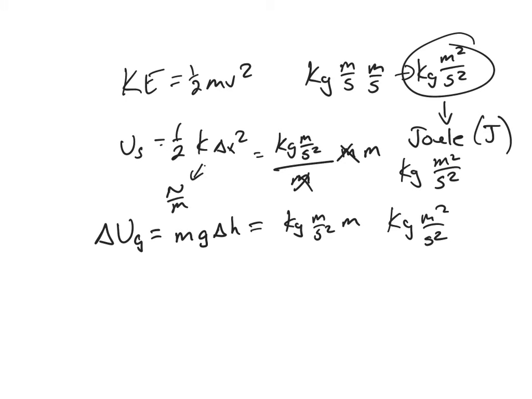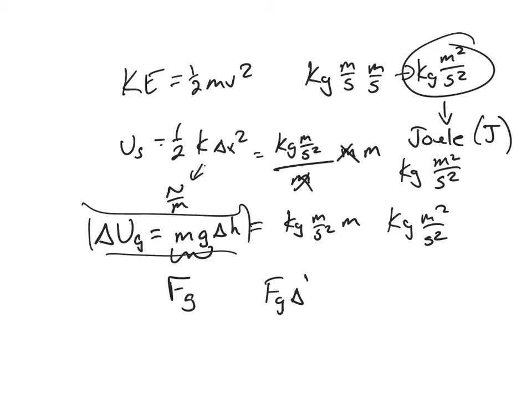The other thing to notice with our gravitational potential energy is that mg is the force of gravity, so this very quickly simplifies into Fg times delta h, which for a falling object is the work done by gravity. So the change in potential energy is equal to the change in kinetic energy as the object is falling, changing that gravitational potential to kinetic.